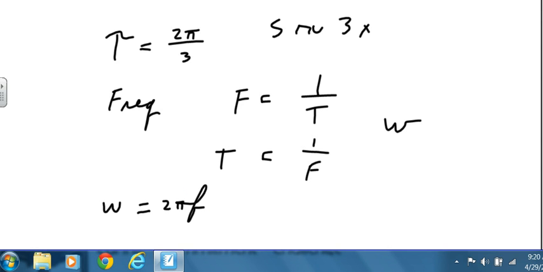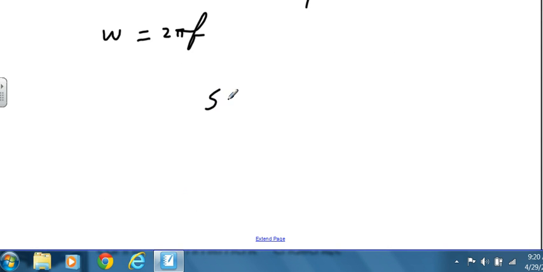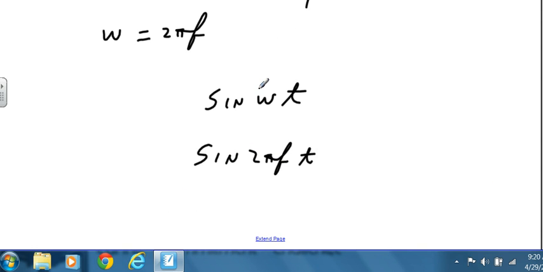Okay, so now if I have something that's sine omega t, and I ask myself, well, what does that mean? Well, I could have sine 2 pi f t, and that would be the same thing. I could look at it the same way.